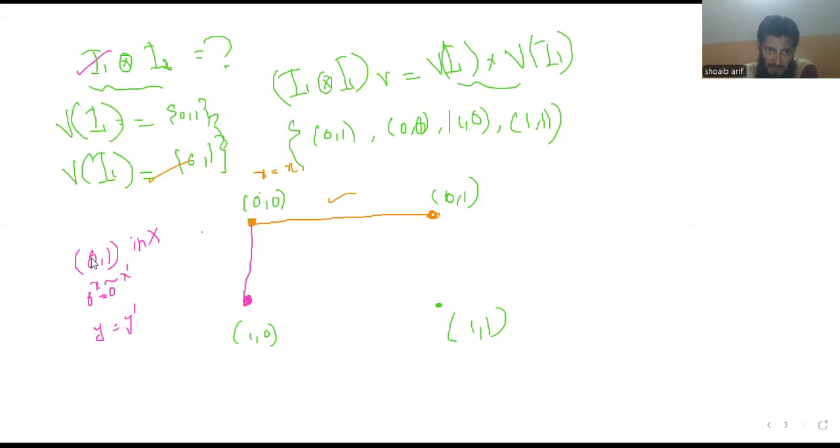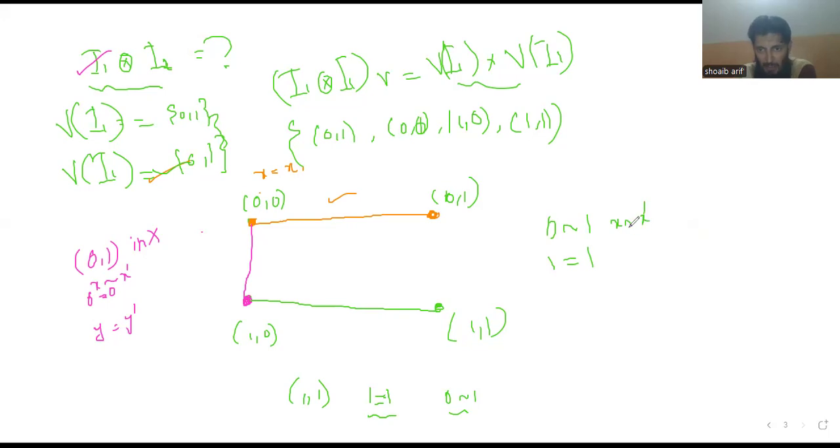Let's check between (1, 0) and (1, 1). 1 is equal to 1, so this is the second condition, and 0, 1 is an edge in graph Y. So there is an edge between these two vertices. Let's check (0, 1) and (1, 1). There is an edge in the first coordinate, and 1 is equal to 1, so the first condition holds.